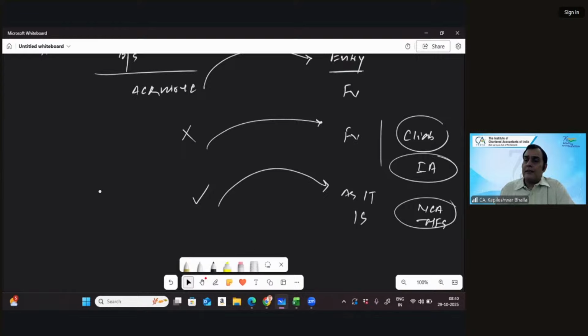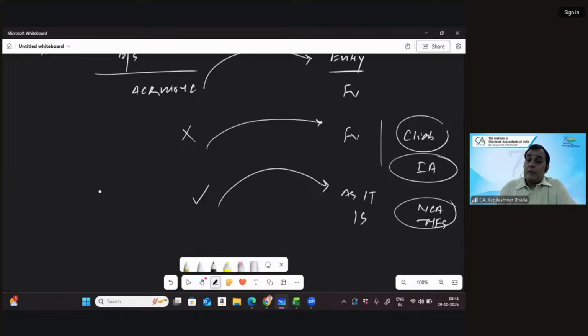Because the non-current assets held for sale, as per Ind AS 105, are recorded in the books at fair value less the cost to sell. So we cannot afford to incorporate them in the acquisition entry at any value other than the net fair value. So they will be incorporated as they are.